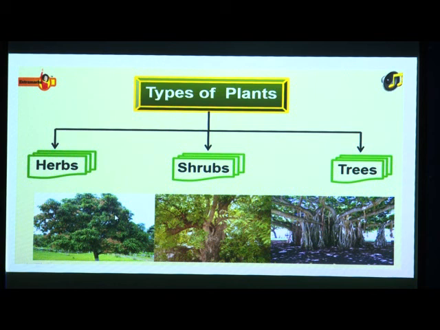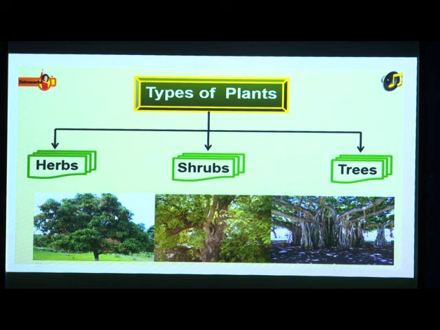So, mainly the types of plants are divided into three: herbs, shrubs and trees. These have different characteristics. We find different plants around us. These are grouped according to their size and lifespan. Herbs live for one season only, shrubs live for many years, and trees live for more years than shrubs.